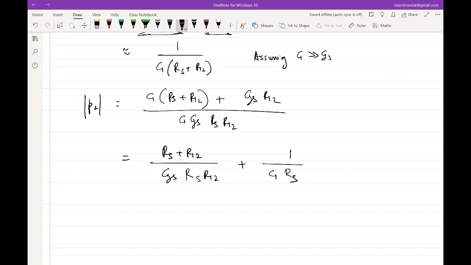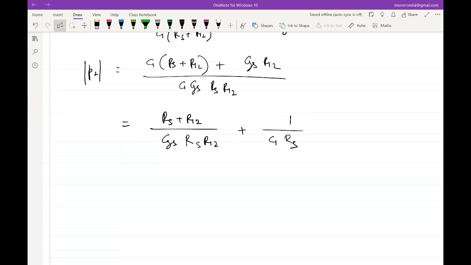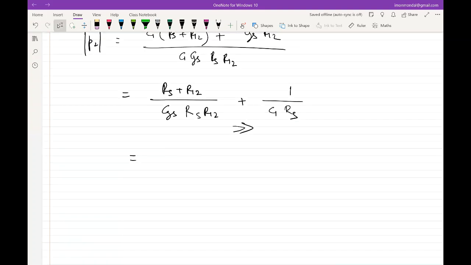Which of these two terms do you think is dominant? Note that C1 is much larger than CGS. First one, right? So this one will be much lesser. So this becomes Rs plus R12 over CGS Rs R12. I'll just take Rs R12 to the denominator. The reason will be apparent right now.